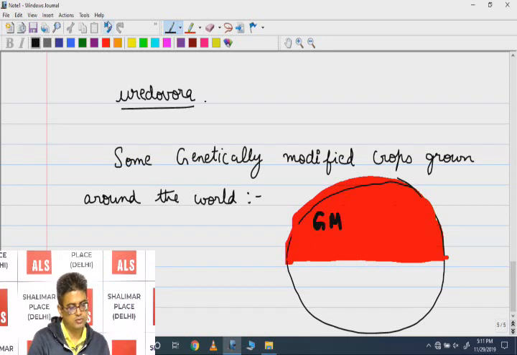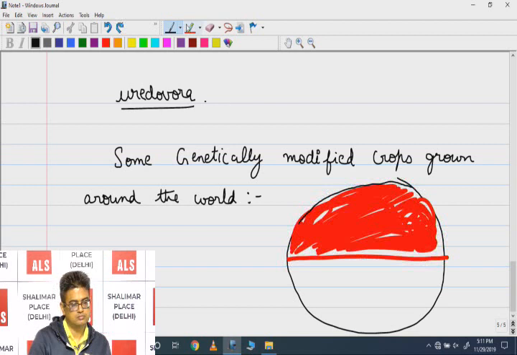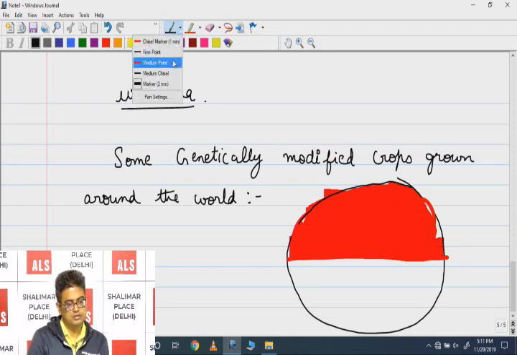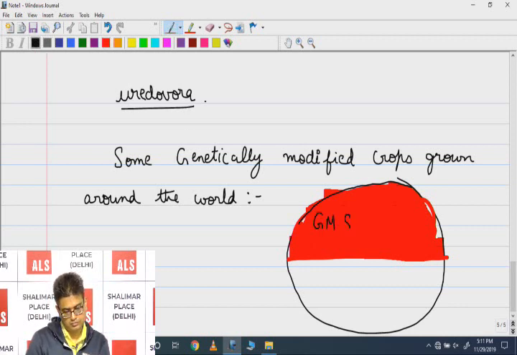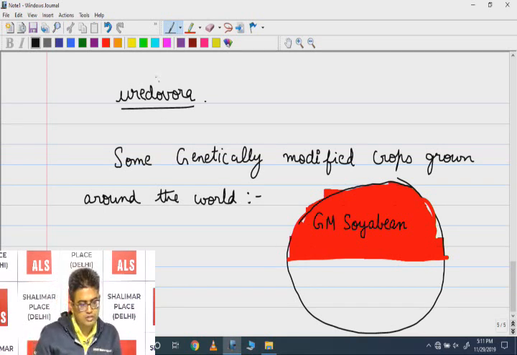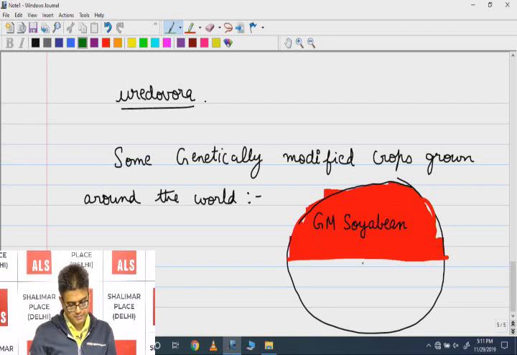Genetically modified soya bean. Then there is something else called genetically modified maize.